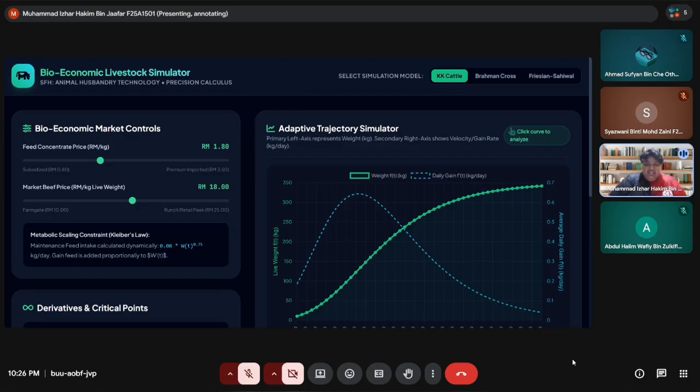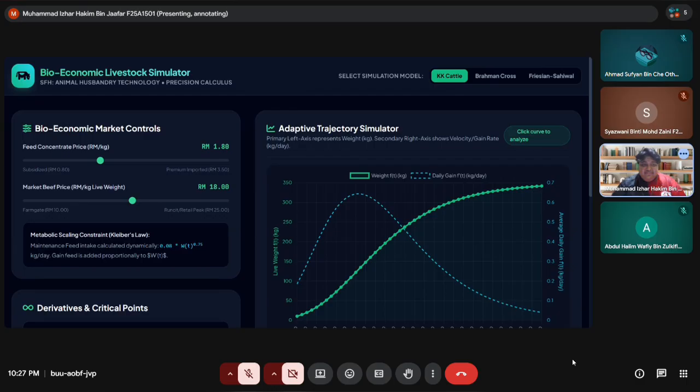As you can see here, this graph shows the growth of a cow breed named KK cattle, and as you can see it has three models, which are the Brahman cross and Frisian Taiwan.